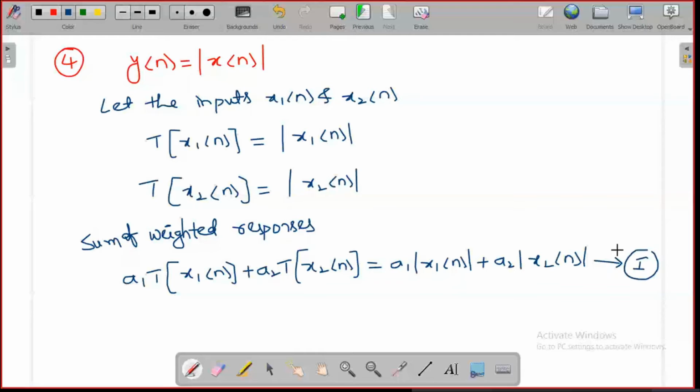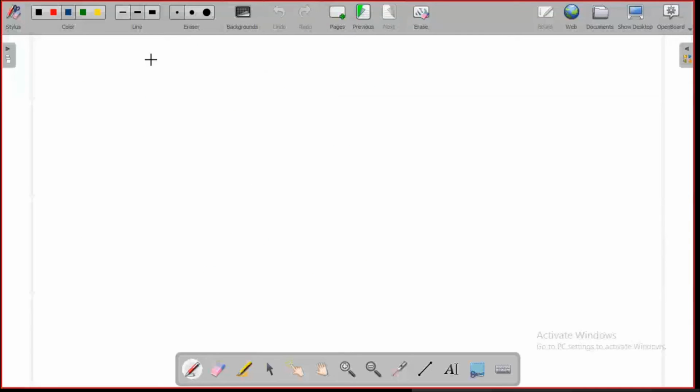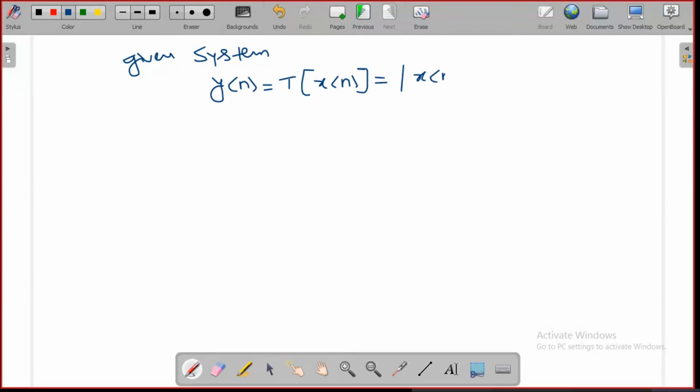Now find the response for the sum of weighted inputs. The given system is y of n equal to t of x of n equal to mod x of n. Now you are going to find the response of the system for the sum of weighted inputs.